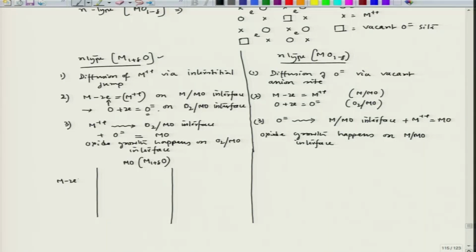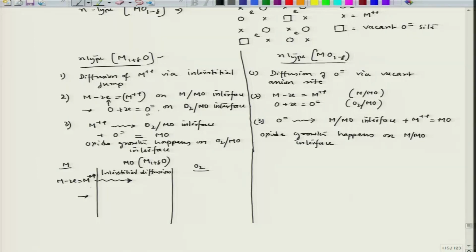So, M minus 2e goes to M2+, and it migrates via diffusion, since there are metal cation interstitials, and an interstitial can exchange position with another vacant interstitial by its side, and since there is an overall gradient of metal ion on this side, the metal ion will try to diffuse from the metal–metal oxide interface to the oxygen–metal oxide interface.